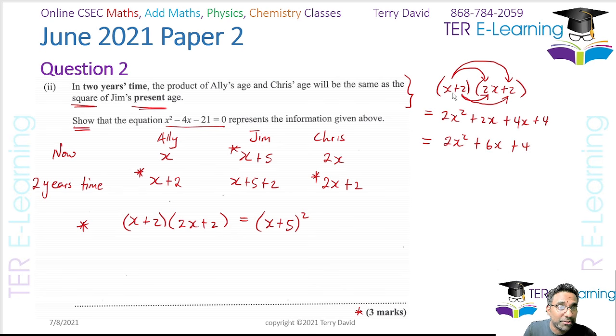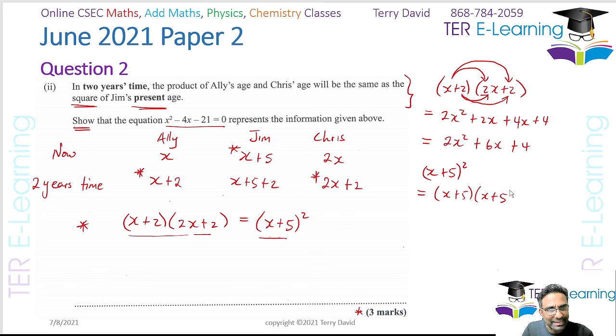Right? So let's just double check that. 2x squared plus 2x. 2 2s are 4. Right. So that's what we get in here. Right? So that's only this part of the equation I just worked out here. I'm going to work out this here as well. So that is saying x plus 5 squared. Now x plus 5 squared is the same as saying x plus 5 multiplied by an x plus 5.